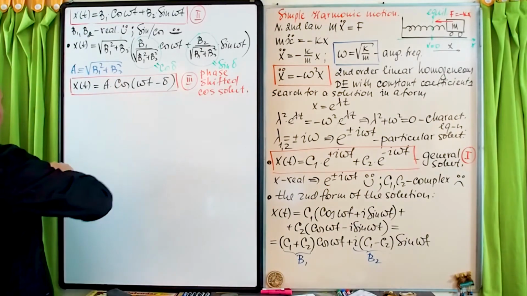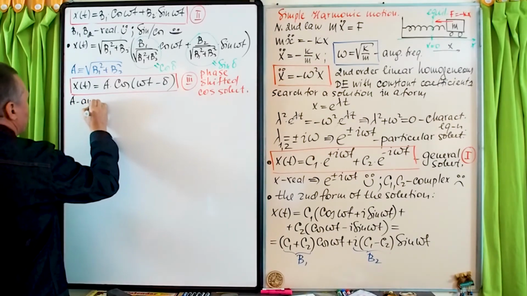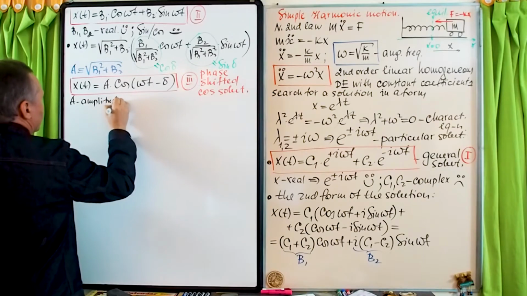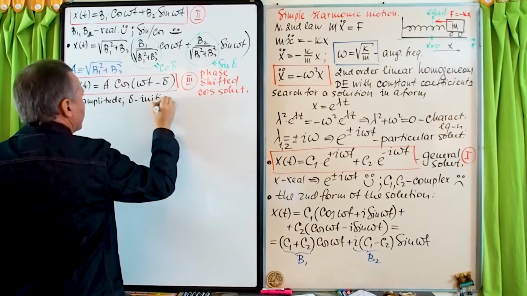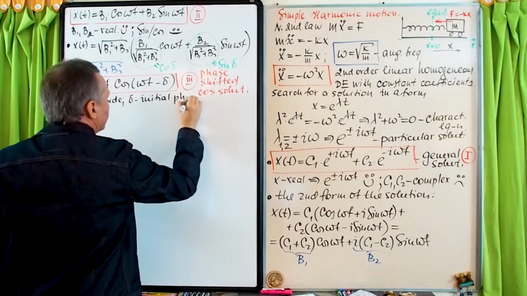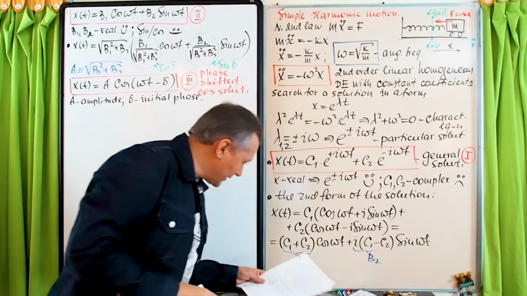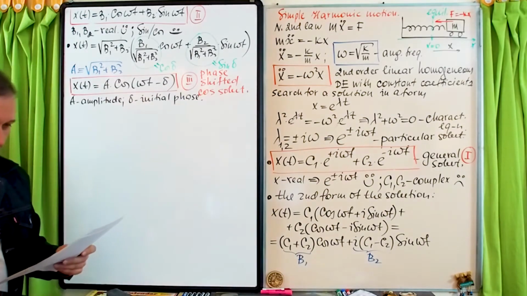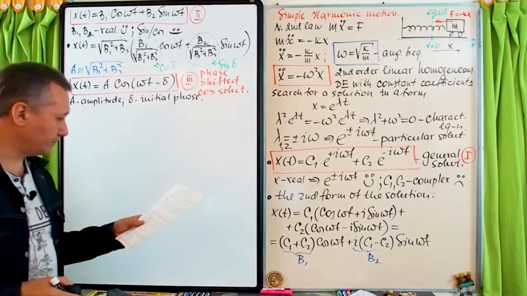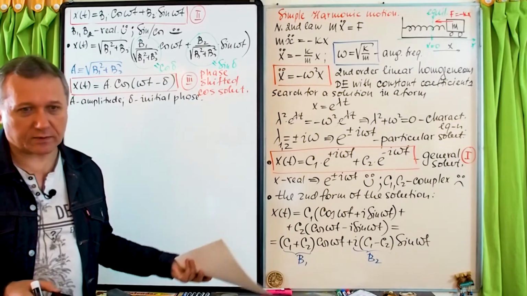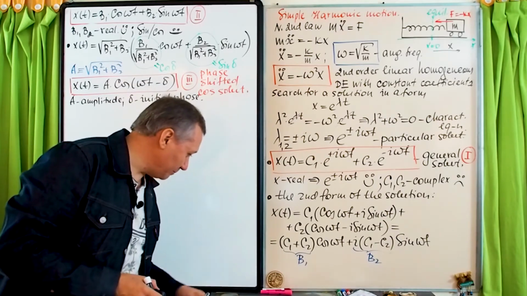Let me say that: A is amplitude and delta is initial phase. Let me check what else I missed. No, it looks good. And again, the advantage of this is that it has the simplest form, in terms of writing.